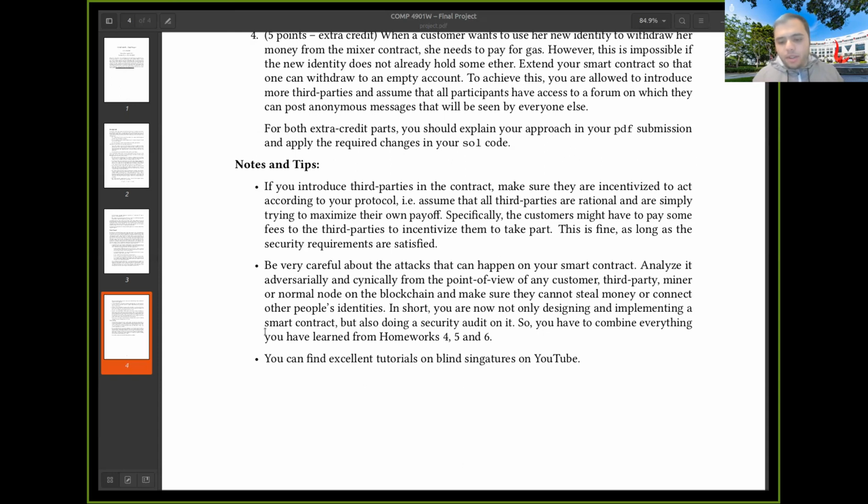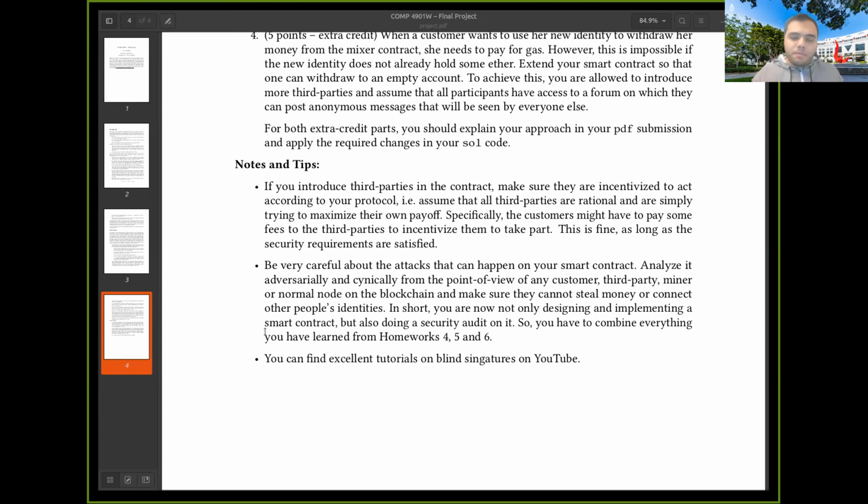So, for example, in the homeworks, going back to the rock, paper, scissors example that we had in homework 4, a lot of you did not get 10 out of 10 there because there were situations where one party cheated. For example, one party did not reveal their choice, and then the money of both parties got locked up in the contract, right? So that's a case where you have a malicious party, and the party is willing to lose money just to make sure that the other party also loses money.